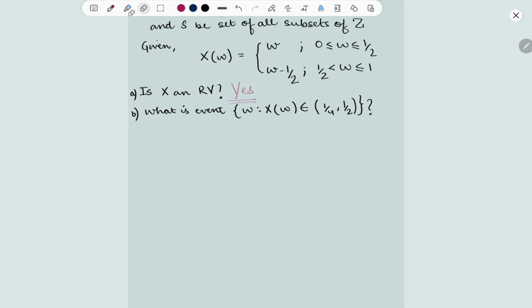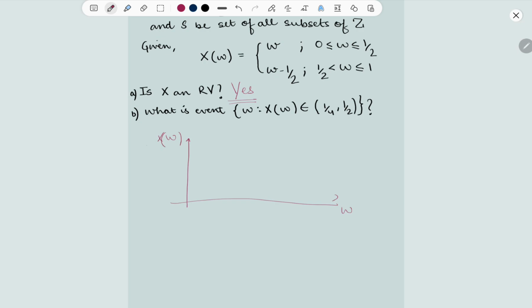Now what is the event that x(omega) belongs to the interval 1 by 4 to 1 by 2? So here, first of all, we will draw a graph of x(omega).